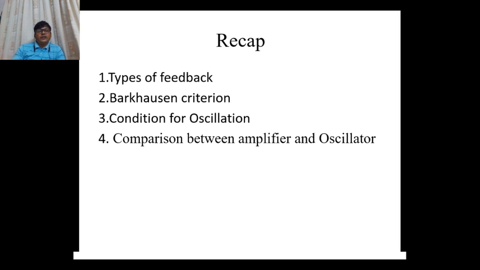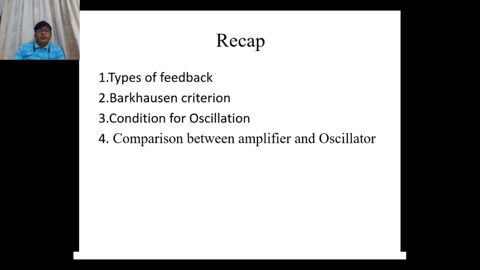So what we explained in this session is how positive feedback and negative feedback can be applied. Negative feedback is applicable to the amplifier circuit, whereas positive feedback is applicable to the oscillator circuit.